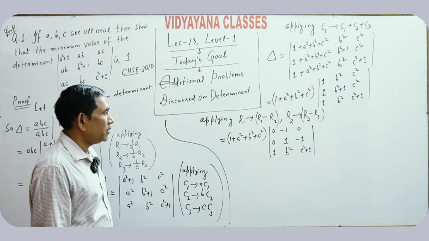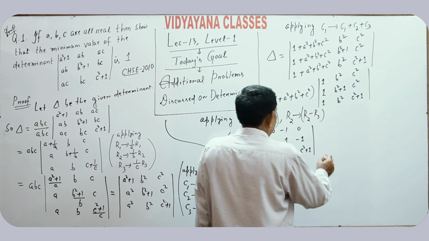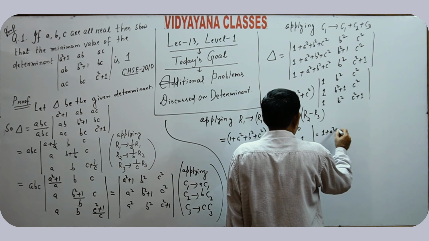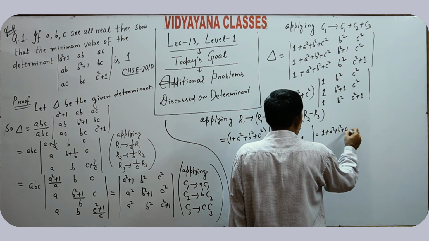Clear? Which is the same as 1 plus a square plus b square plus c square.